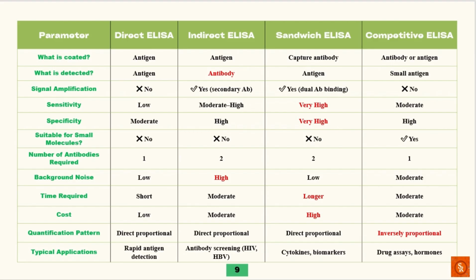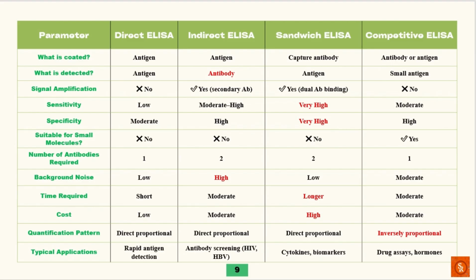Competitive ELISA has moderate sensitivity, but indirect ELISA has high sensitivity. Regarding specificity, indirect ELISA is highly specific, and so are sandwich ELISA and competitive ELISA. Compared to these four types, the most highly specific is the sandwich ELISA.